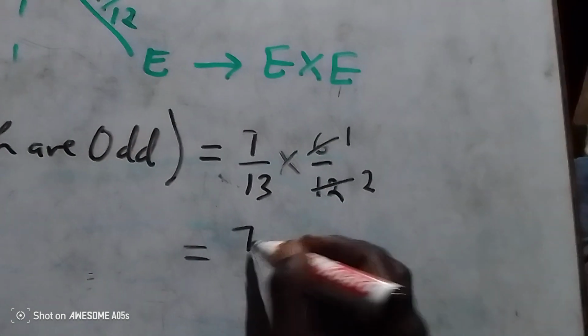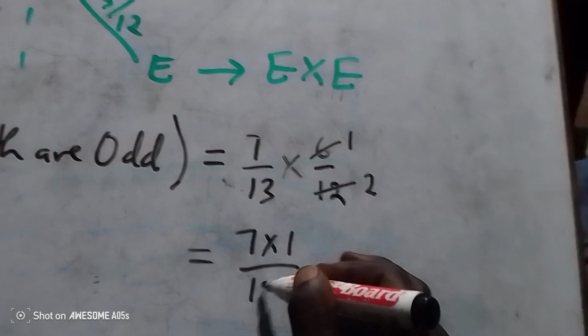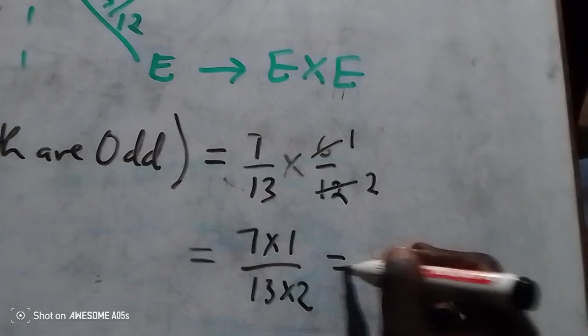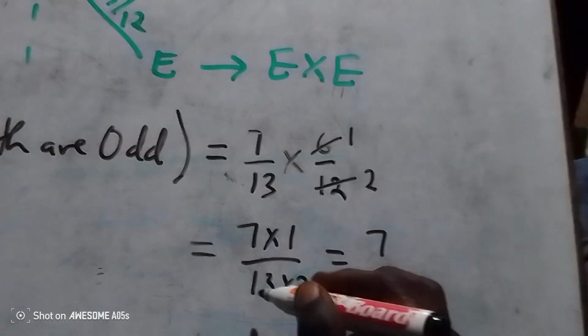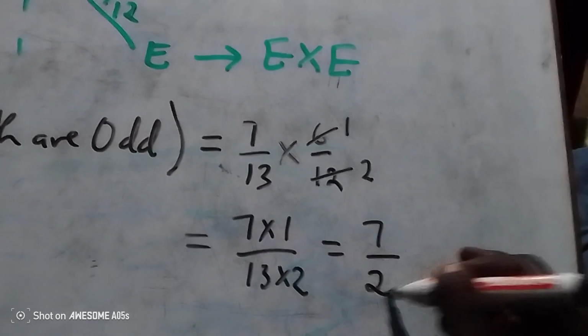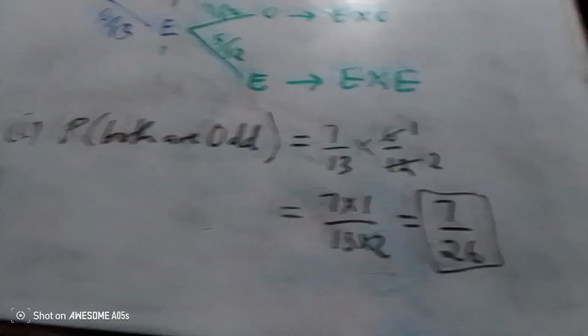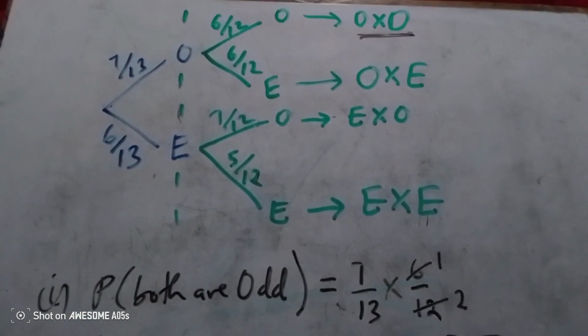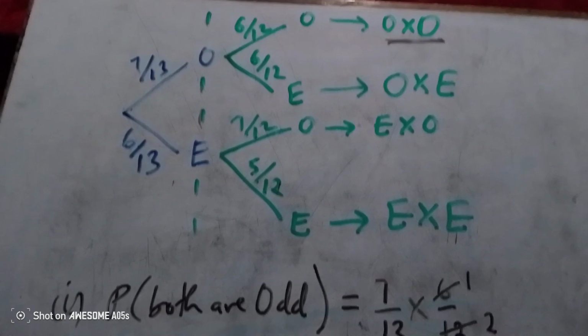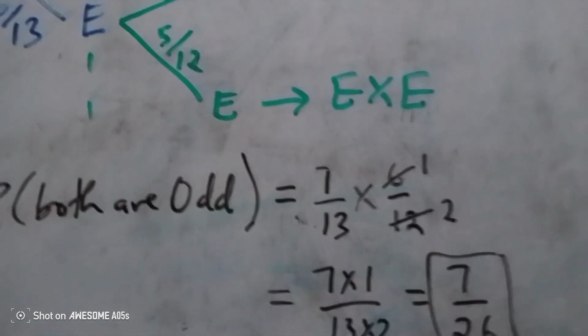Giving you 7 times 1 over 13 times 2. 7 times 1 is 7. 13 times 2 is 26. So that is the probability that both picked numbers are odd: 7 over 26. So that is how we have come up with the calculation.